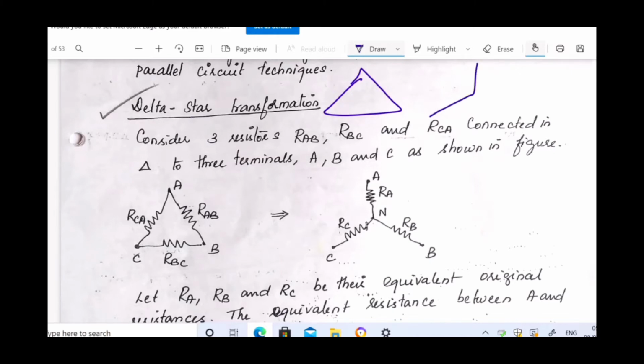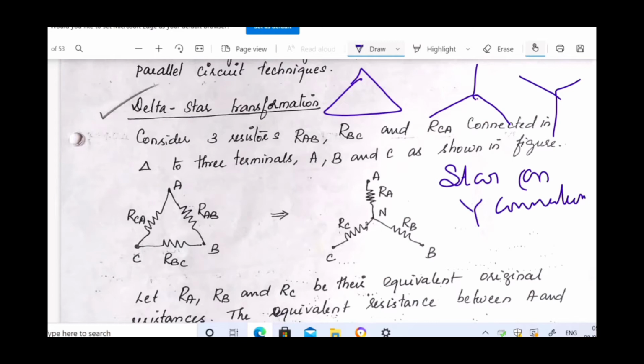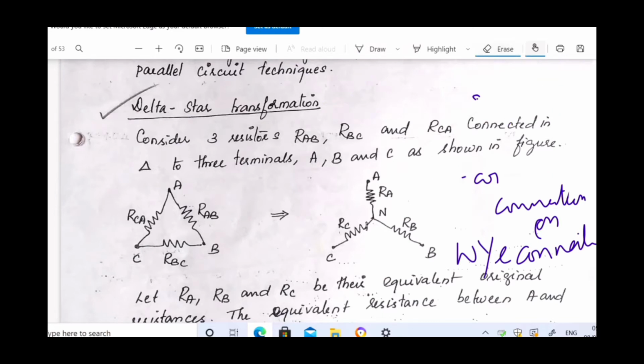Star means connected in this way, a star network, or some of the authors may use it like this, called star or Y connection. Some of the authors use Y connection. Well, so this is a delta connectivity.